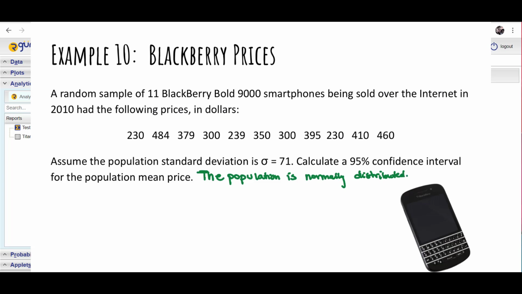Okay. So technically what you could do is find the sample mean, and then use that in the formula to calculate the confidence interval to estimate the true population mean price. But we can use Rguroo, and I want to show you how you would do that.